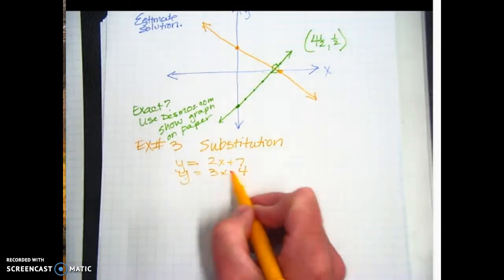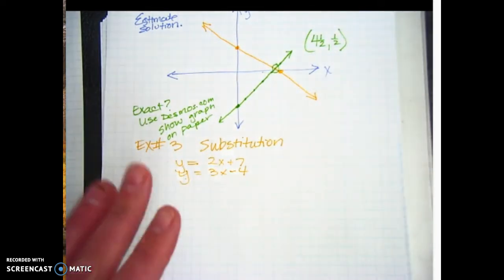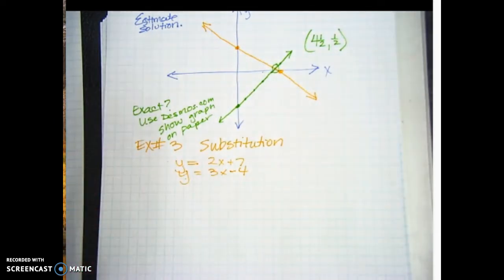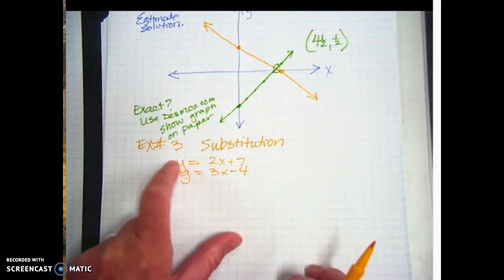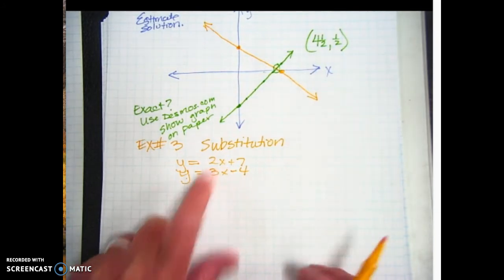And the way these equations are written, I say they're even better for graphing, right? Because they're already in slope-intercept form. But I'm going to show you substitution on them. And you can technically use any of the methods on any of the problems if you just change it to the right form, okay?